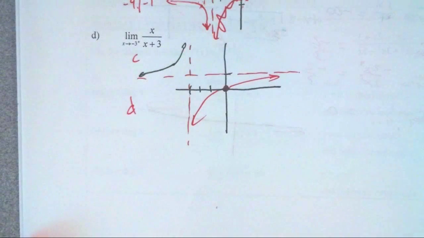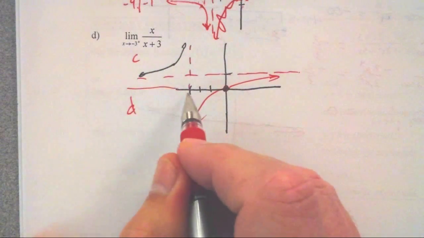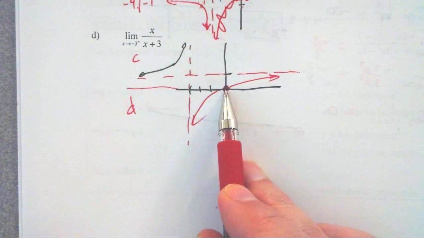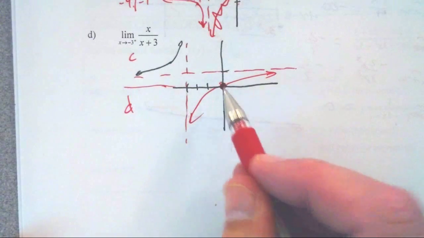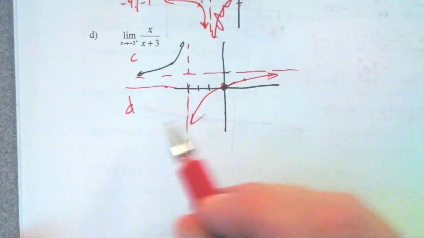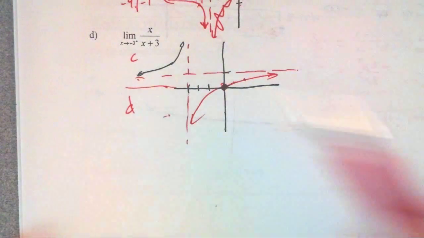But we're in C because there's no passage through 0 outside of right there. Right? No manhole cover here. The only way to get from the sewer to above ground was right there. So I couldn't be down here and get sucked into that asymptote.